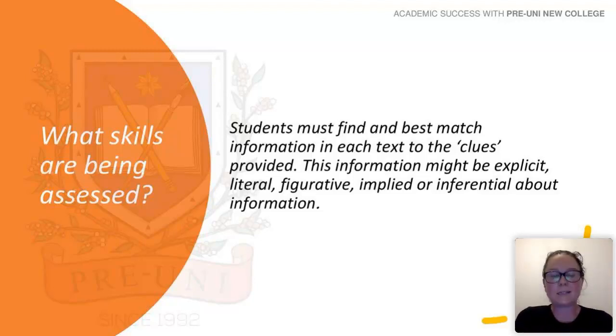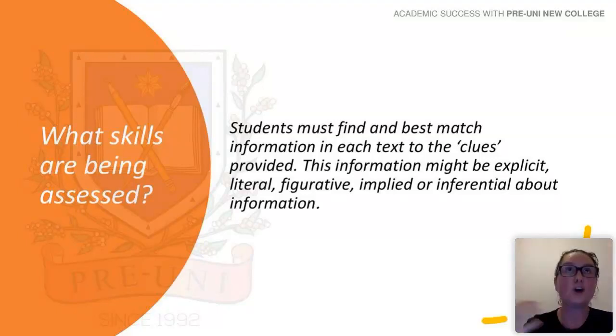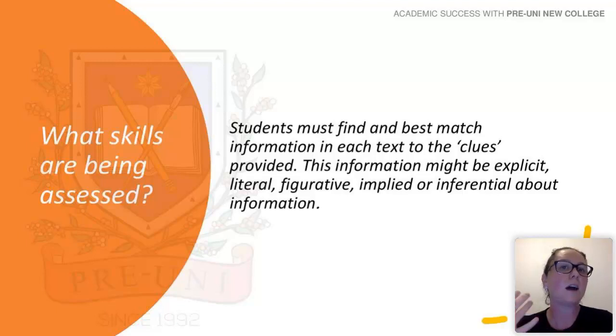The skills that have been assessed by multiple matching are, as I've said, about paraphrased information and clues. So we use the word clues because it's nice and simple to understand, but for us educators, we're talking about inference. Clues indicates someone's ability to infer a lot of information or implied information and then come to a conclusion or make a judgment about that.